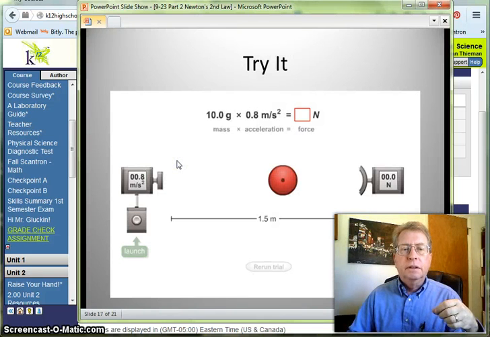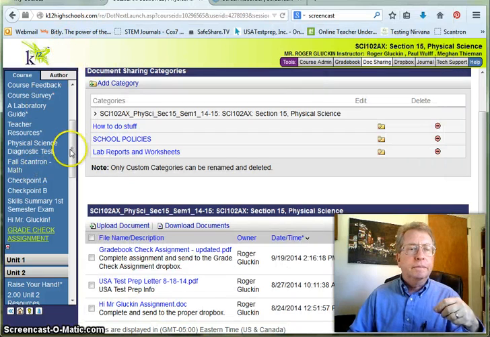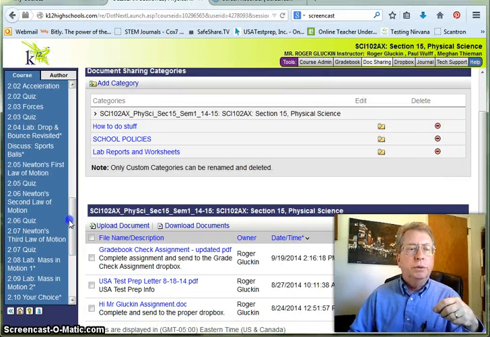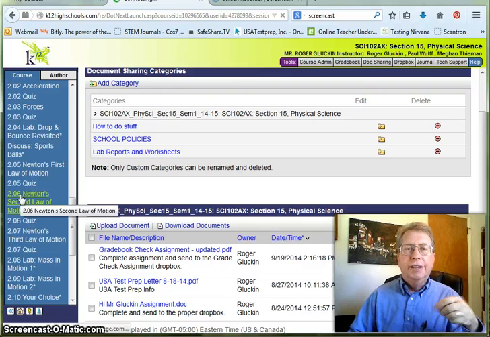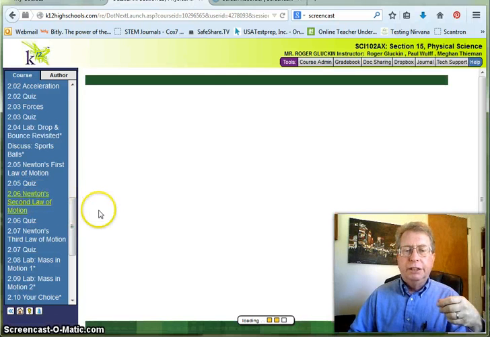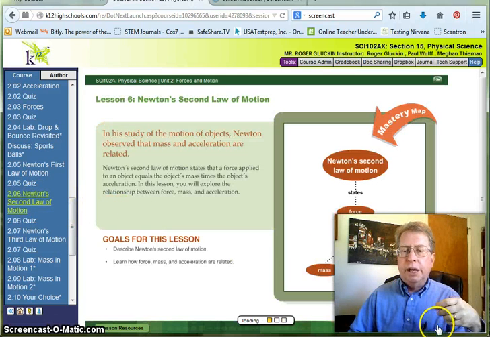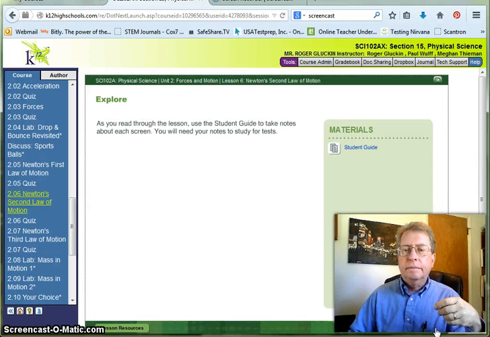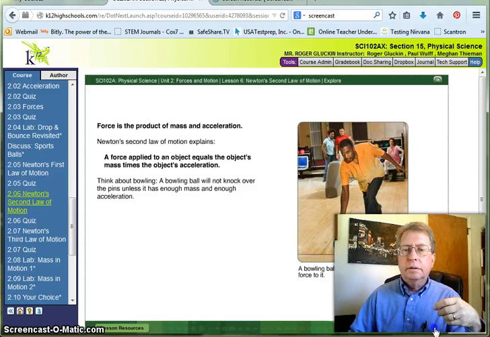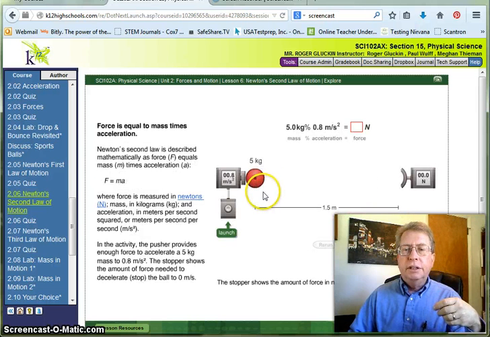Okay? So we can go to the lesson here. Let's go to lesson 2.06. And there are some cool simulators here, things to try out. As you can see, you can measure the acceleration on an object.